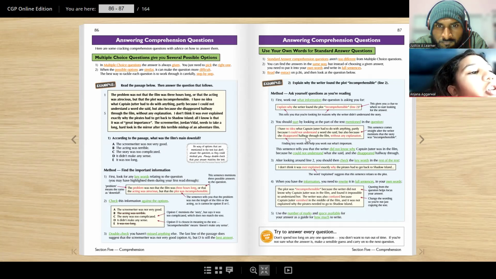That's how you would write, because it said, why do the new pirates need to go to the Shadow Island, and what happened to Captain Jutter and all of that. So you have to jot down what is in the text; you don't have to form the answer yourself.